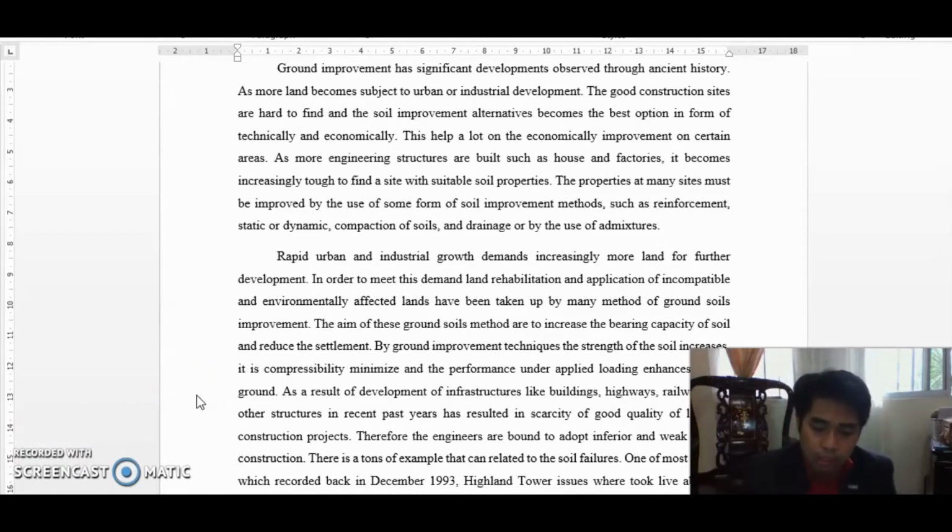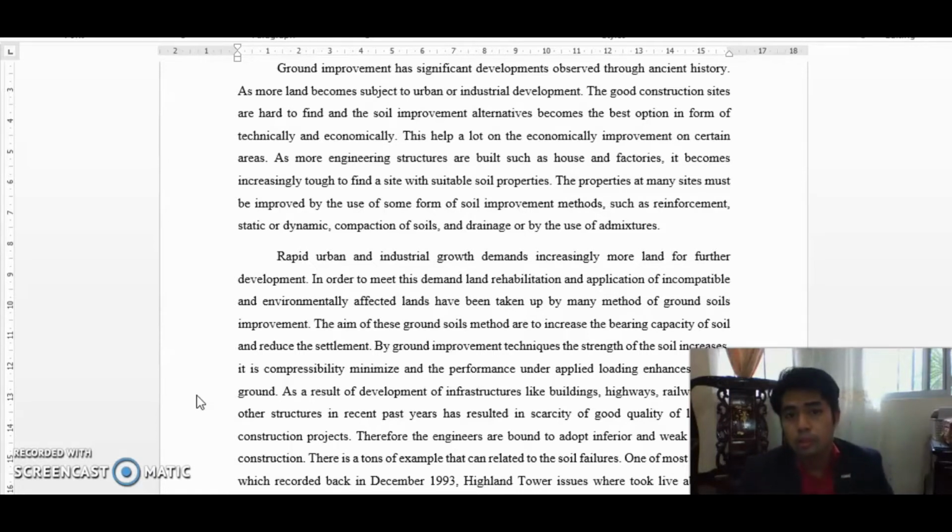That's why I'm saying the land available right now is less and less, because there is a lot of demand.